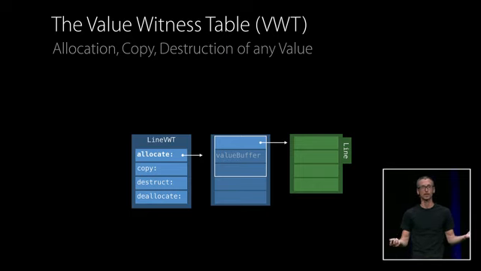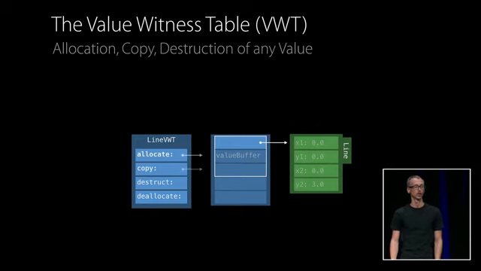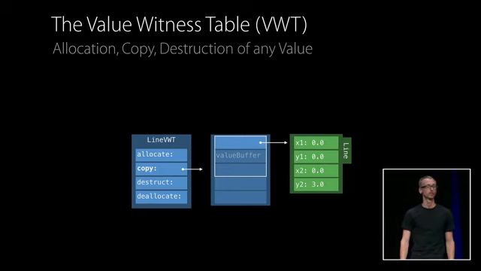Next, Swift needs to copy the value from the source of the assignment that initializes our local variable into the existential container. Again, we have a line here, and so the copy entry of our value witness table will do the correct thing and copy it into the value buffer allocated in the heap.